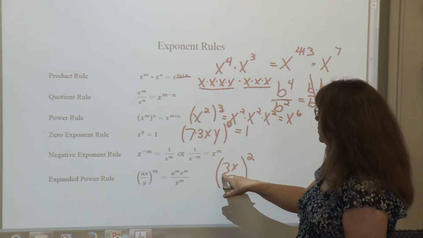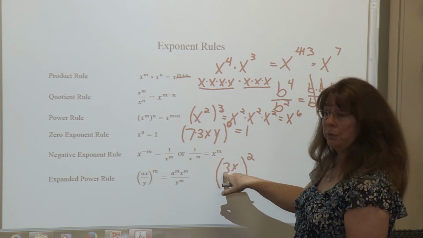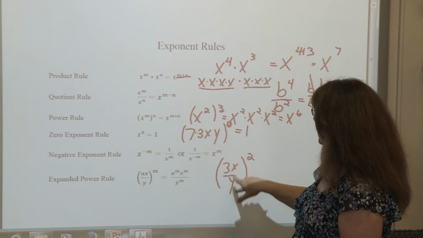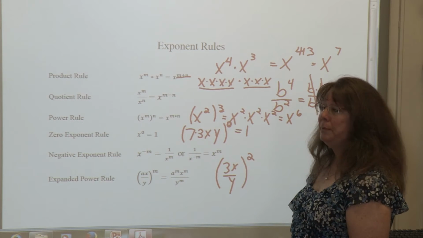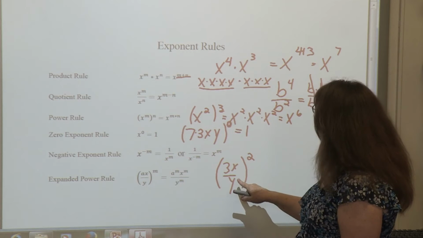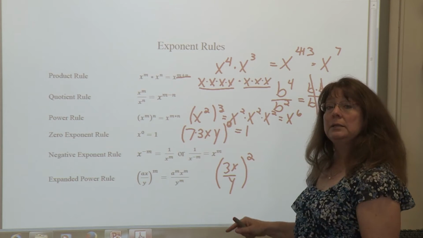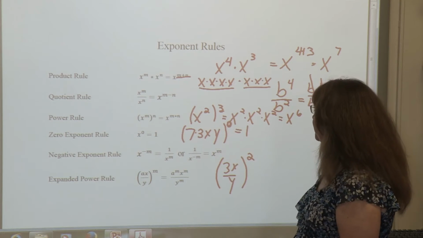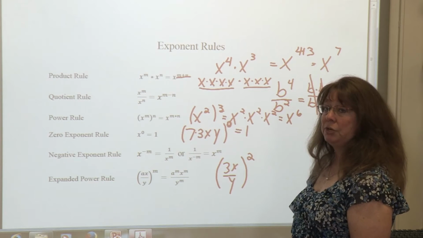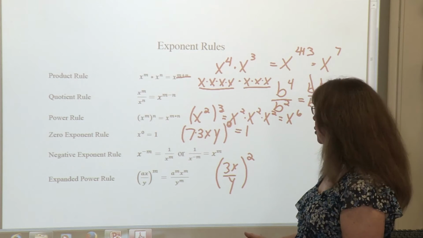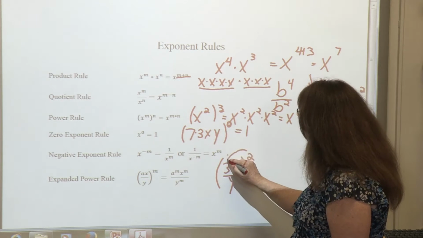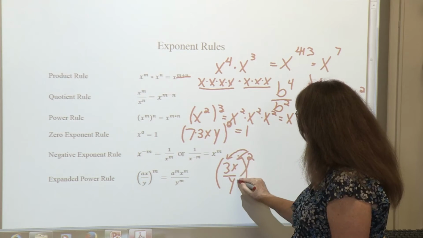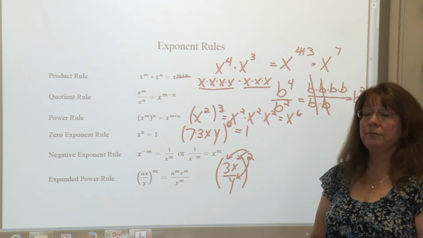We have a base that's the value for the numerical part, 3. We have a base that's an x, and a different base that's a y. So it's pretty much like having 3 different bases in this problem. Again, these are being squared, so it's like it's being multiplied with itself. You can go back and use that definition of what an exponent is to solve it. Or what this rule is telling you is it's kind of like using the idea of distributing that exponent to each different base.